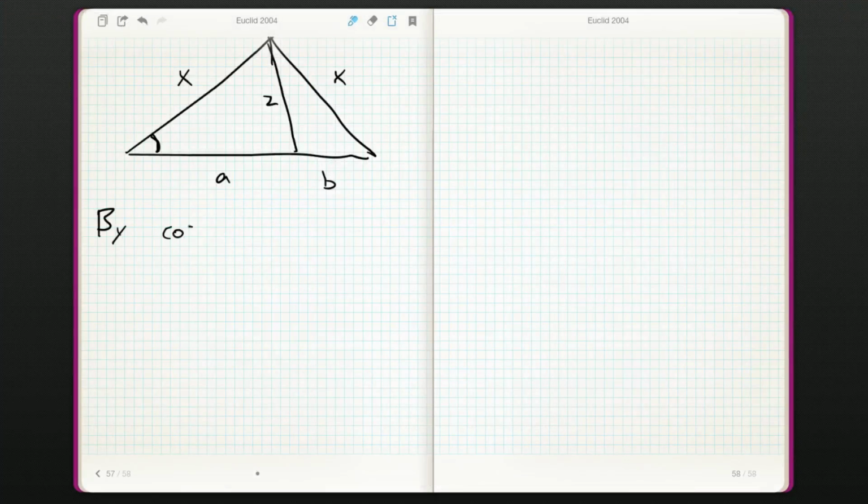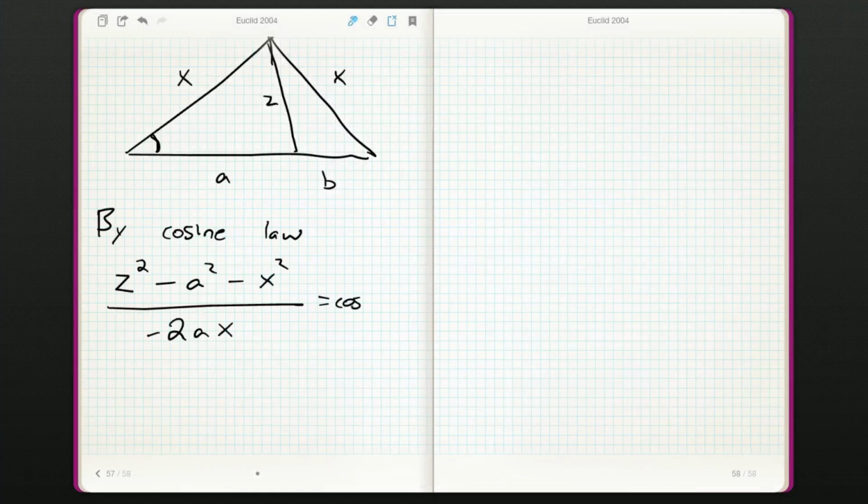So by cosine law, we have Z squared minus A squared minus X squared all over negative 2AX is equal to the cosine of ABC.